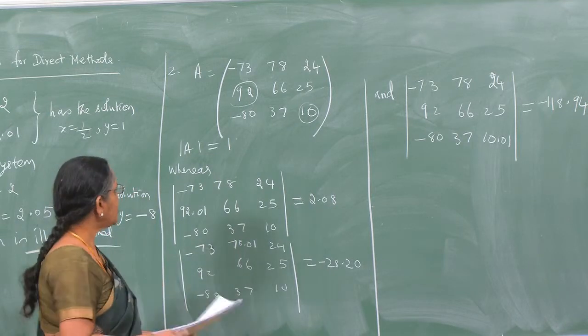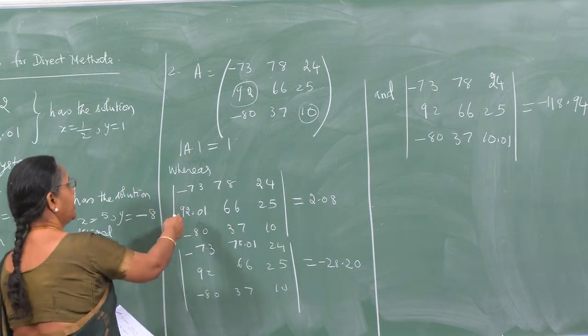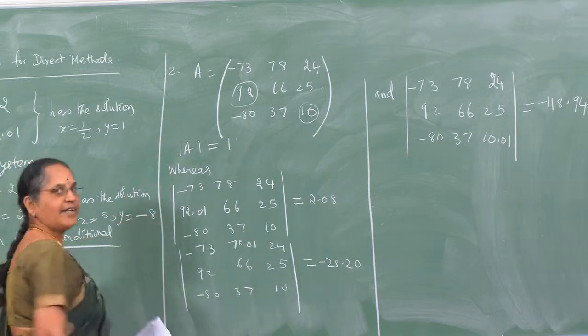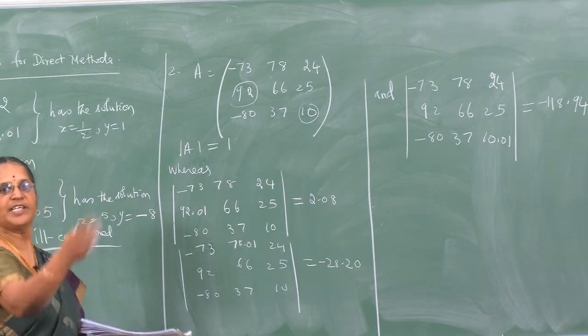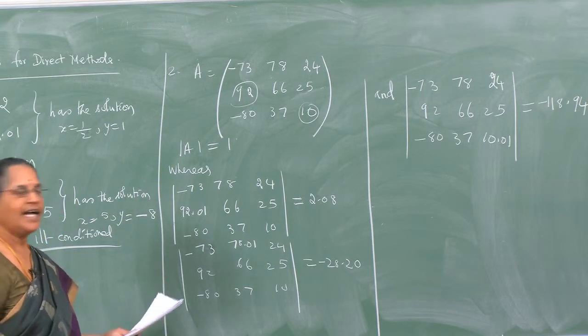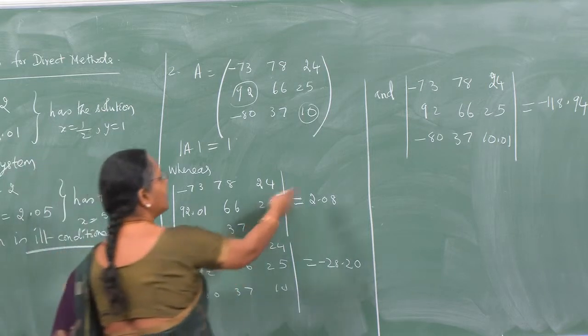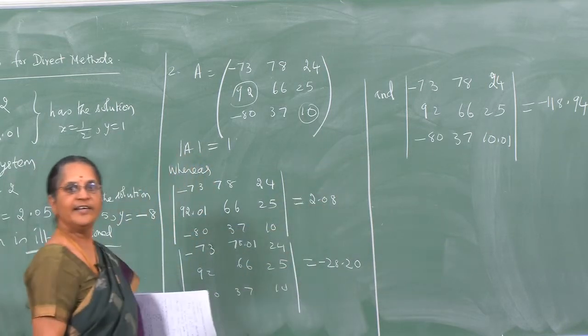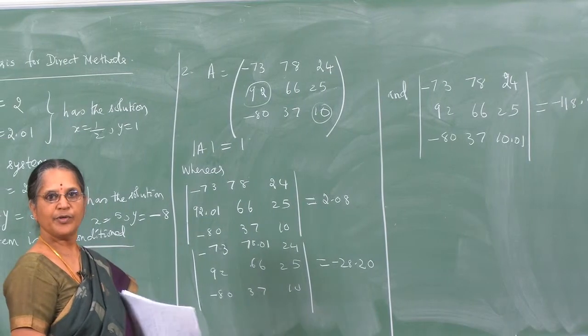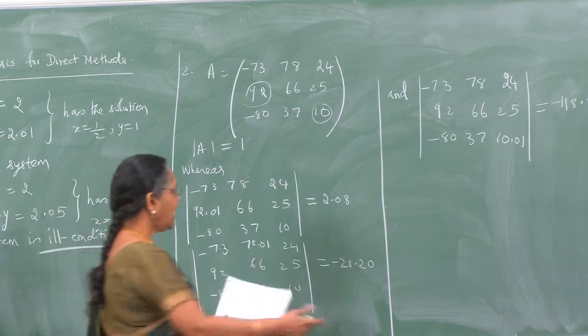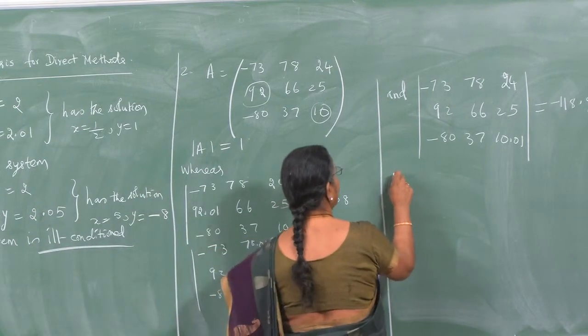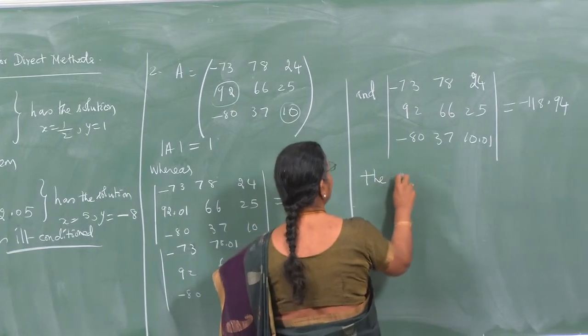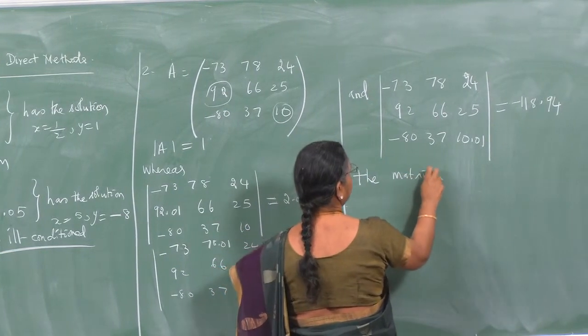So, small changes in any one of the entries in the matrix A, which is the coefficient matrix for a system, have resulted in large deviations in the determinant value. And therefore, we say that this matrix is ill conditioned.